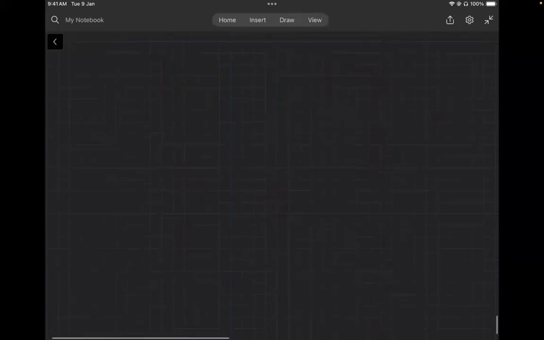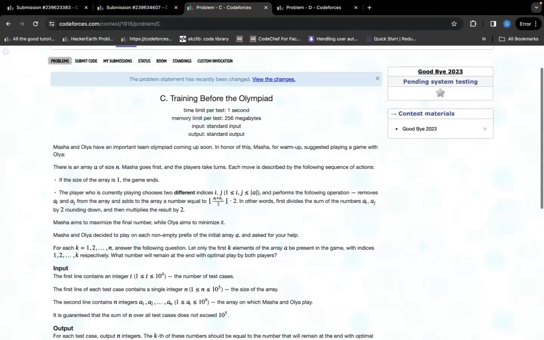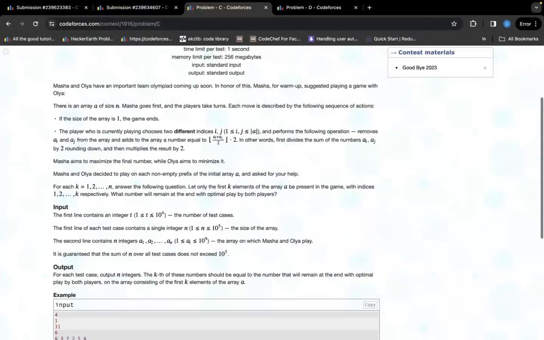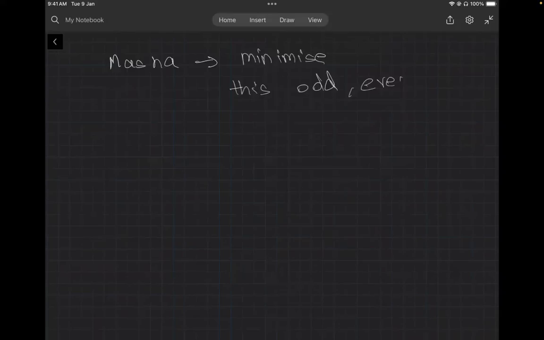So for the first person, what was the name of the first person? For Masha, what is her strategy? Her strategy is nothing but she has to minimize these odd-even moves.